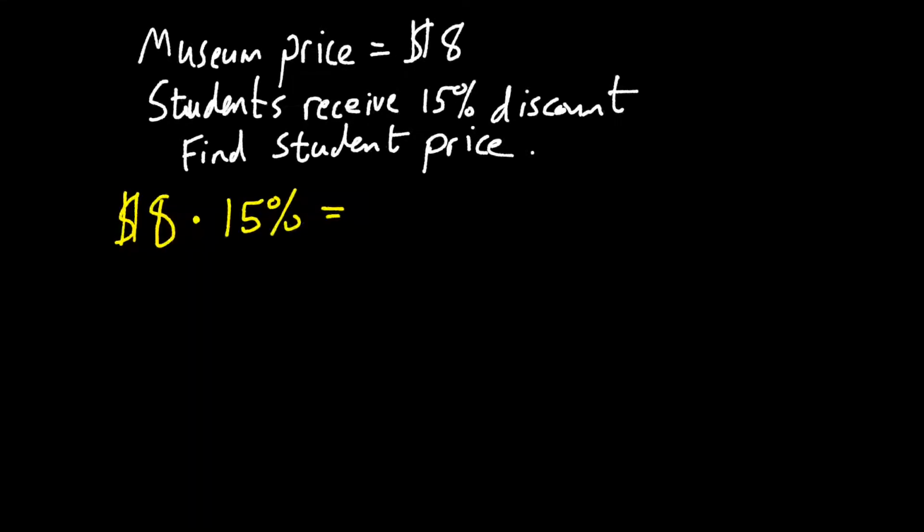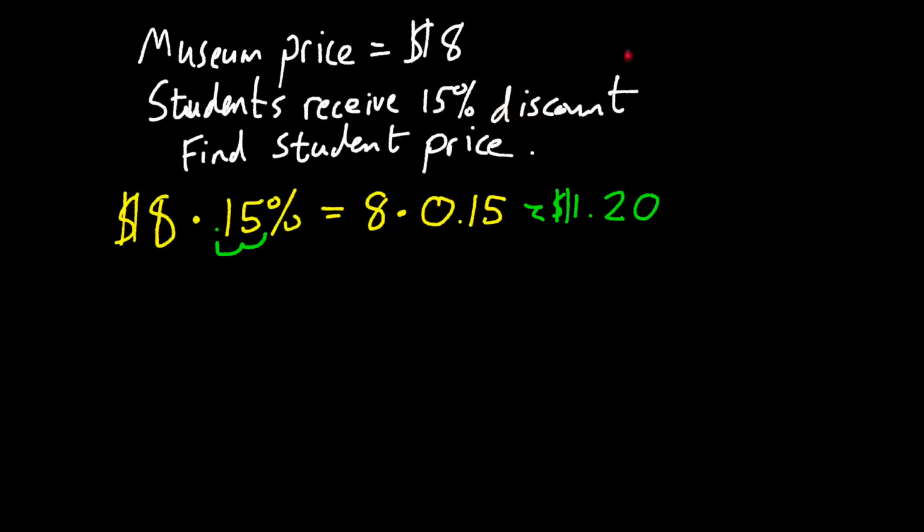That's going to be the same thing as 8 times 0.15, because remember, if we're going from a whole number to a decimal, we move the decimal 2 spaces to the left, and 8 times 0.15 is 1.20. So 15% of 8 is 1.20. And since we're talking about money, it is $1.20.